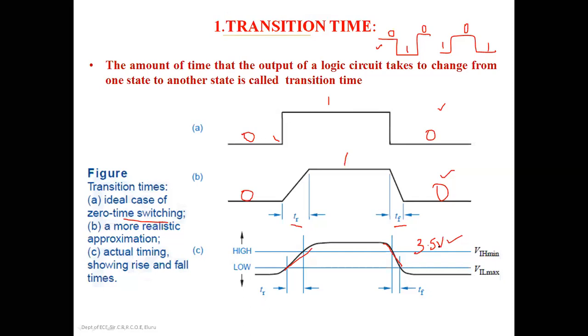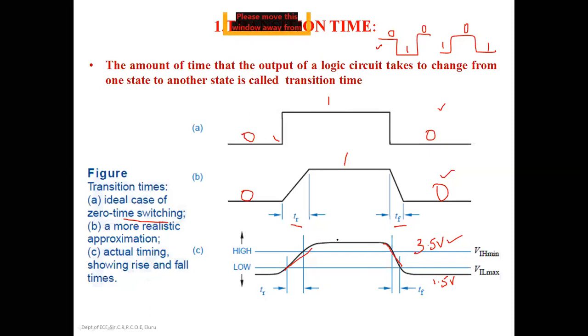And for logic 0, the voltage must be below 1.5 volts, that is 30% of VDD to accept as a logic 0, and 70% of VDD to accept as a logic 1. So these are the logic level values at the input.